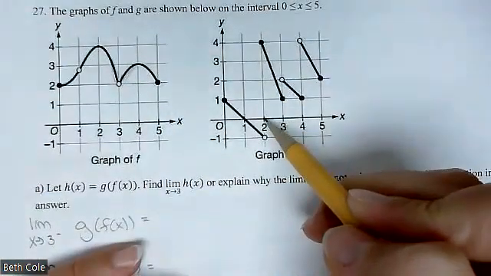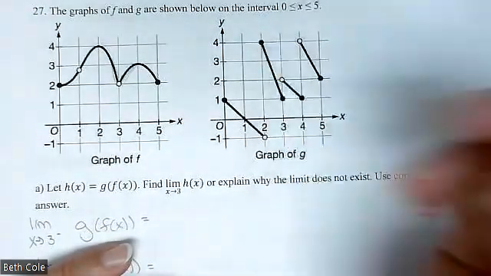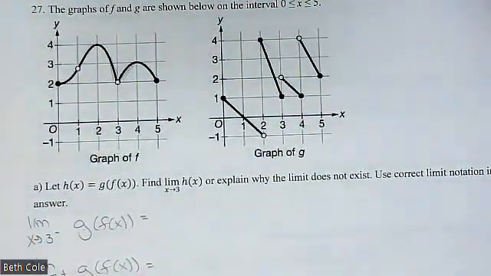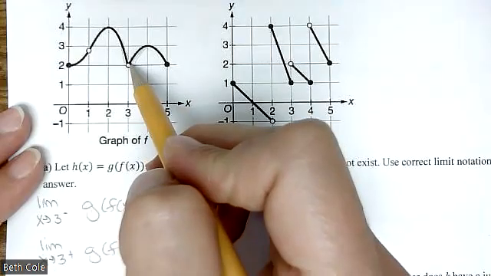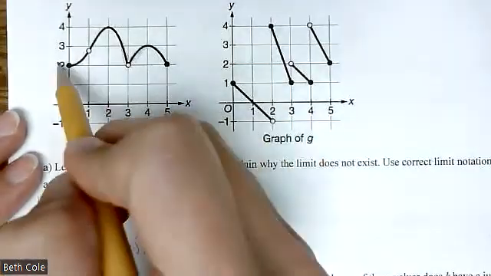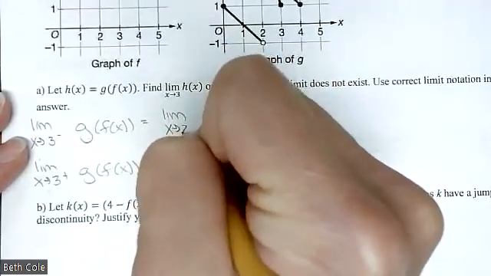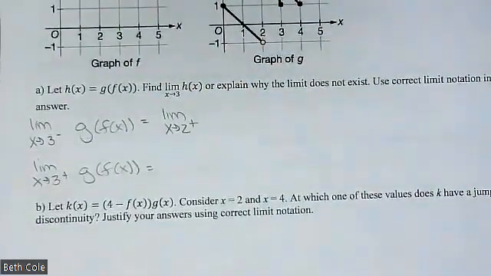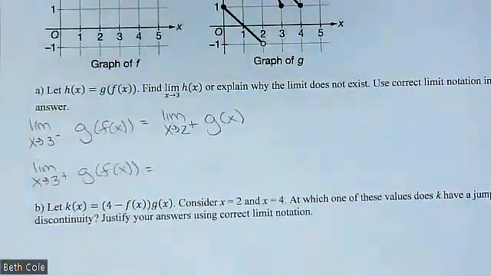When you approach 2 from the right, the answer is just 4. And you can get that without writing anything down just by looking at the graphs, but we have to write this, okay? So anyway, when you approach 3 for x, your y value is 2. So we're going to do limit as x approaches 2. And it was from above sea level, so you have to put the little plus in there. And then you're looking at the outside function.